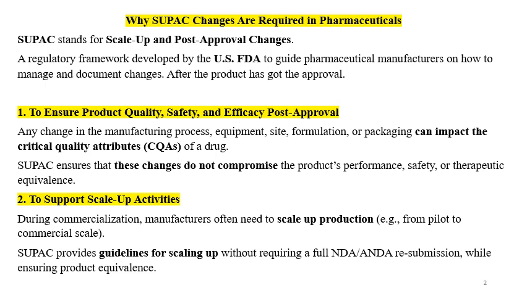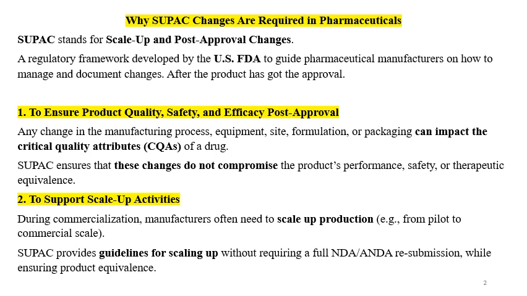SUPAC changes are done to the different aspects of the formulation to ensure the product quality. SUPAC ensures that the changes made to the product do not compromise the product's performance, safety or the therapeutic equivalence.